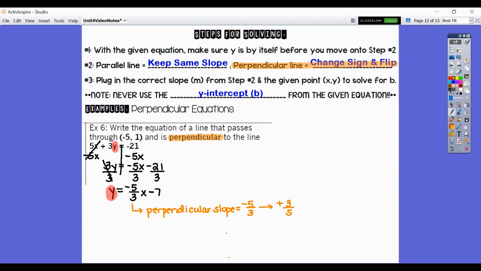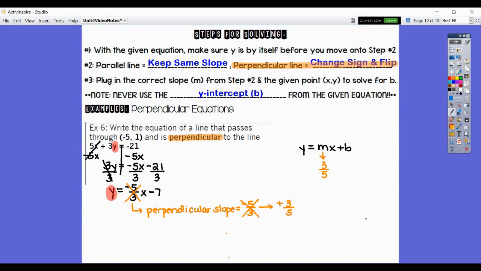That's my perpendicular slope. I can now plug into y equals mx plus b. The m is what we just changed it to. Cancel out the original ones. The new perpendicular slope is 3 over 5.